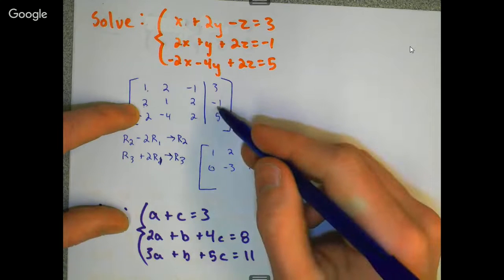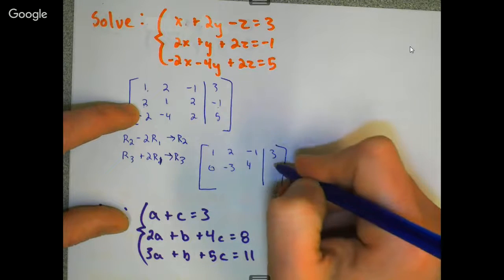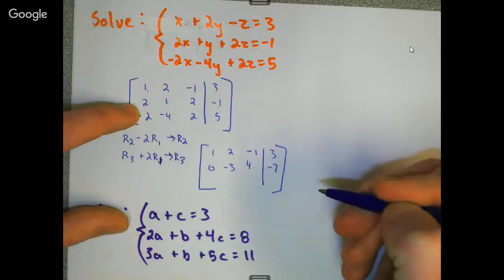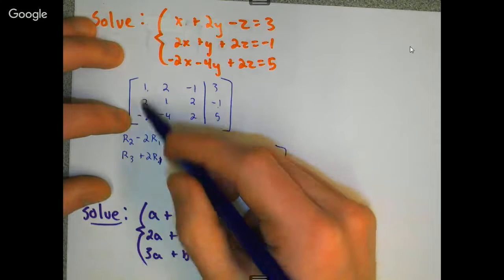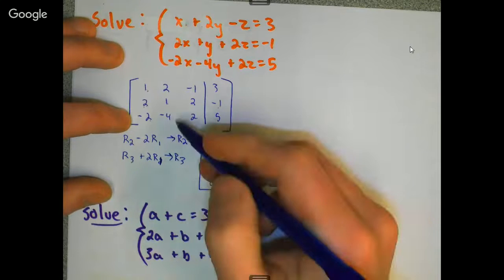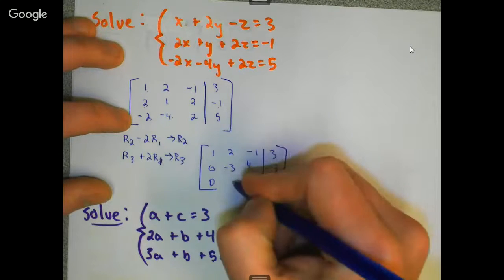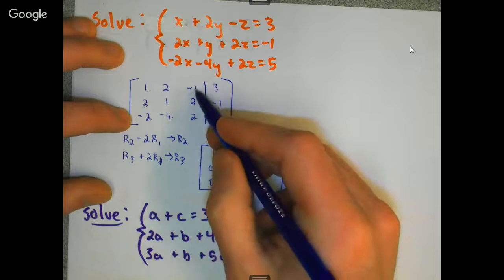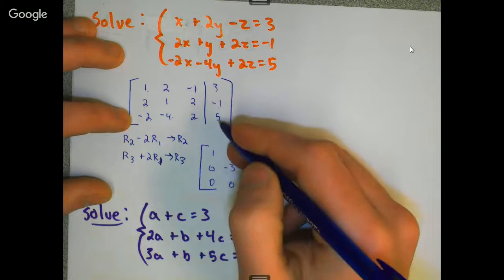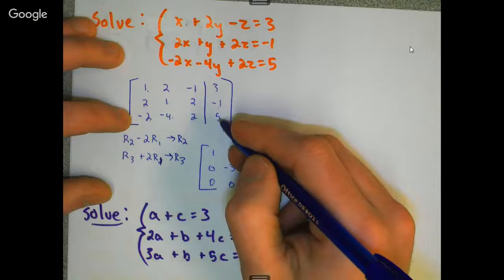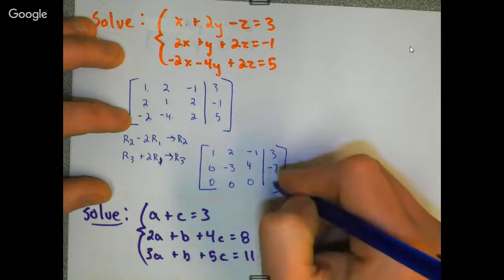That's 1 minus 6, be negative 7. Okay, then coming down here, we'll add them. So that's negative 2 plus 2, 0. That's negative 4 plus 4, that's 0. That's 2 times negative 2 plus negative 2, that's 0. And this would be 5 plus 6, which is 11.